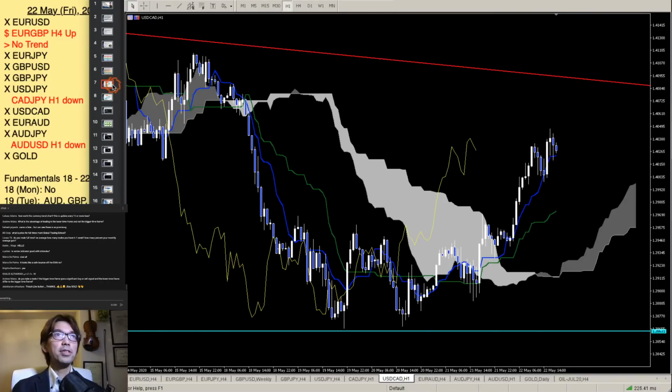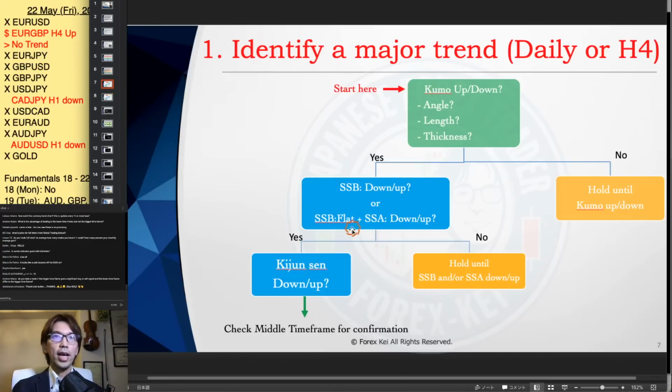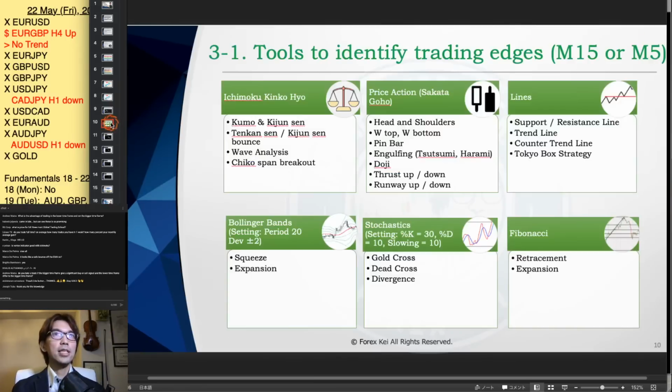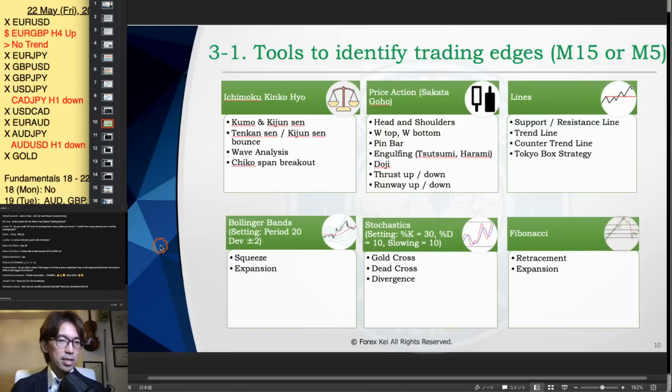To capture a trend, I look at Kumo, Senkou Span B, Senkou Span A, and Kijun Sen. But when it comes to spotting the right entry timing, I use these tools. So the tools that I use for trend and the tools that I use for entry timing are different.